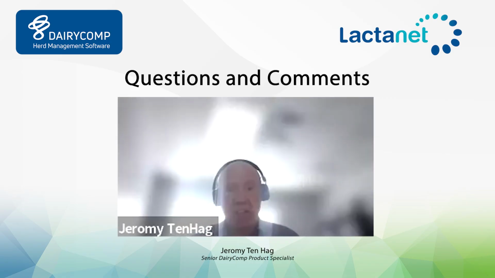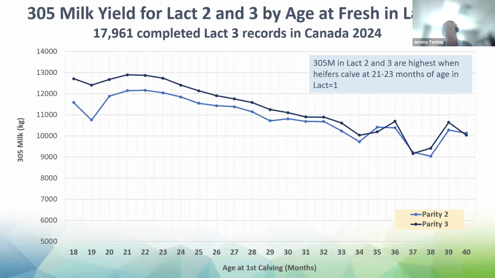So I'm just going to use my slides for a second. I'm assuming this graph isn't exactly what this person is asking about. I think what they're wanting to see on the x-axis is the age at second calving, I wonder. So if I've interpreted the question correctly, then the answer is unfortunately we don't have that data right now, but that's a great idea for us to explore for this upcoming year.